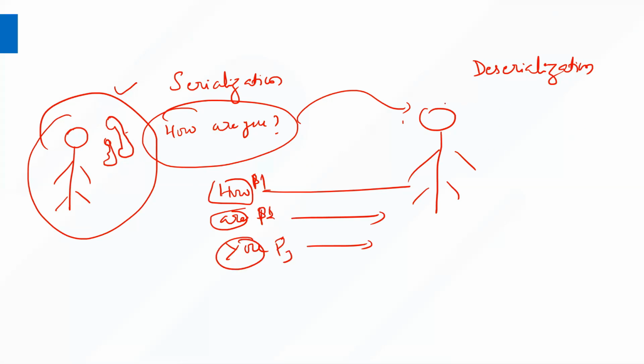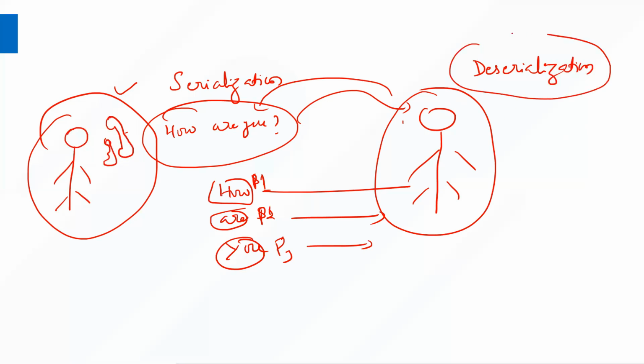And then the other person has to hear whatever he is saying, right? What exactly happens is that this serialized stream is deserialized, meaning it is reconstructed as "how are you", so that this person can hear it.